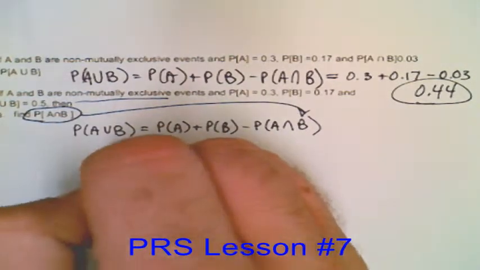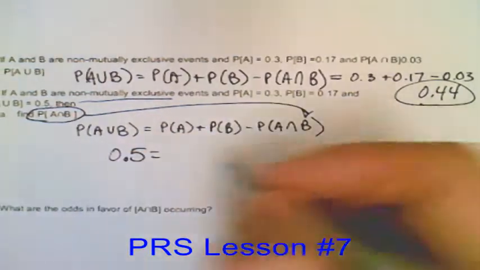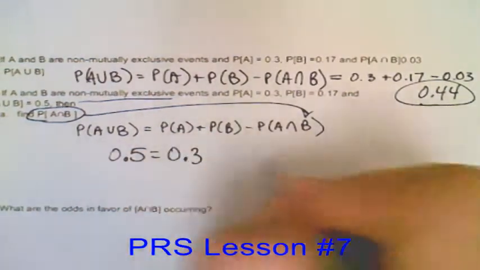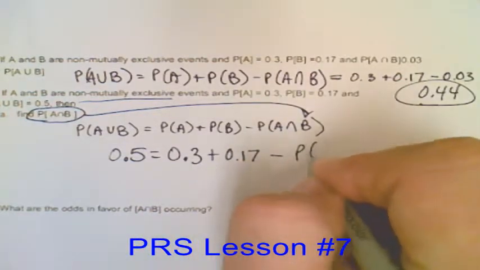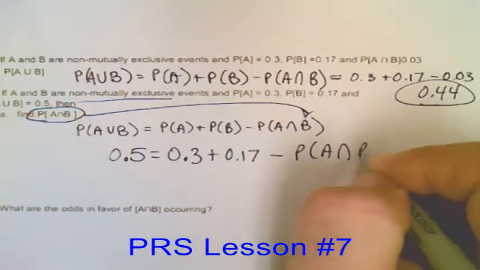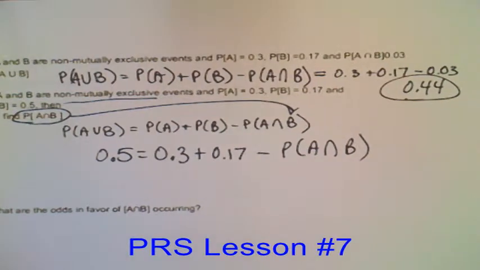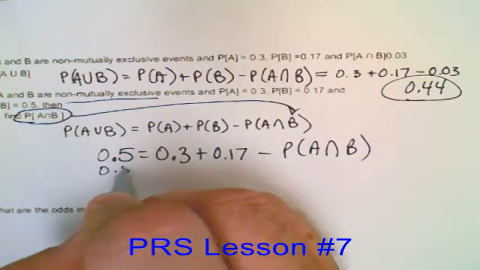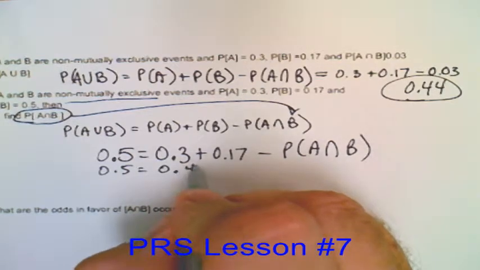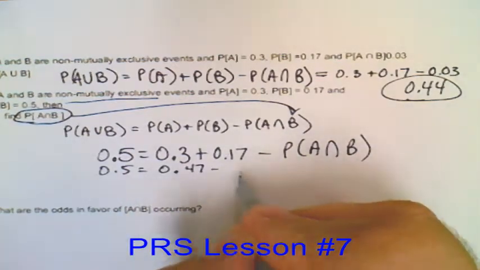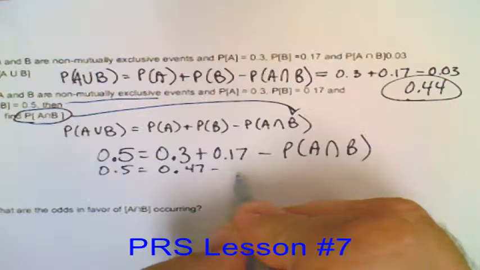Now this question is wanting the overlap. You can see that because you know what the symbols mean. That's the P of the intersection of A and B. So this is one where you have to work backwards. P of A or B is 0.5.